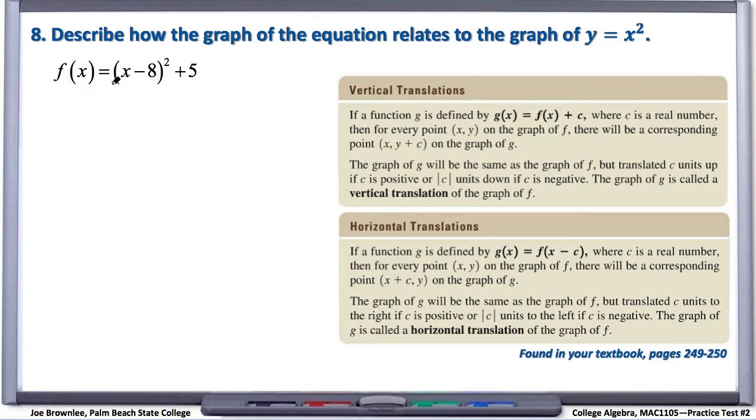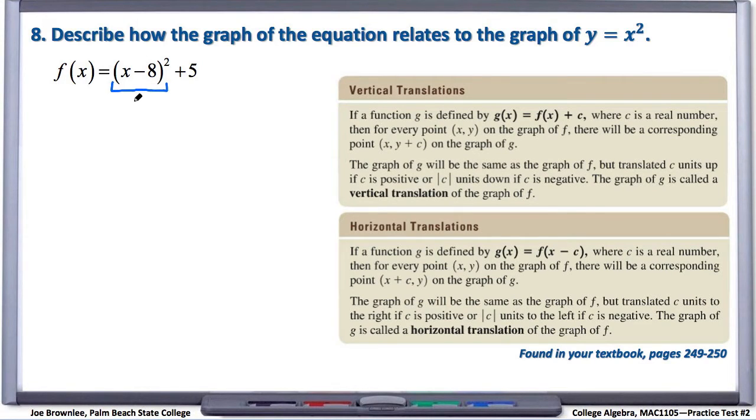We can see inside the parentheses here, we've got this x minus 8. And we know that horizontal translations happen inside this set of parentheses. Now, your first intuition might be to say, oh, we have x minus 8, that must mean we're going to move to the left 8 units. But in fact, with horizontal translations, we do the opposite of what we've been given.